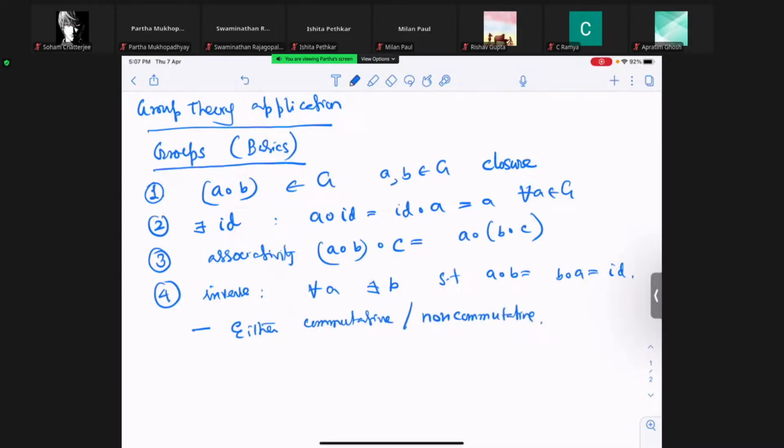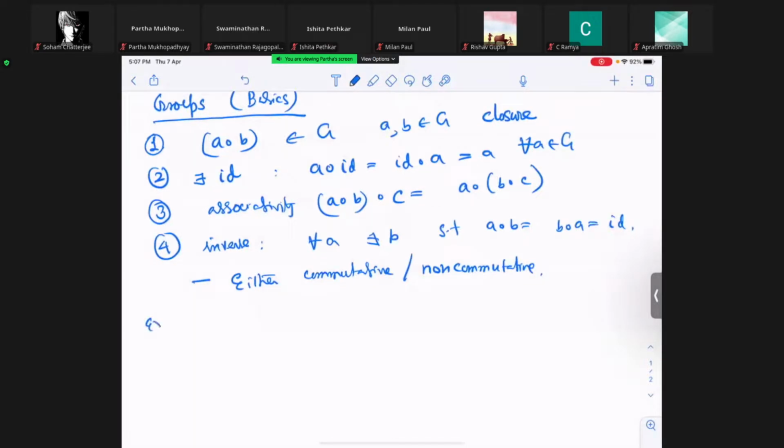Okay, so let's quickly have some examples. For example, Z, the set of integers under usual addition. If you take the real numbers, delete the 0 and take multiplication, that also forms a group. These are commutative groups.